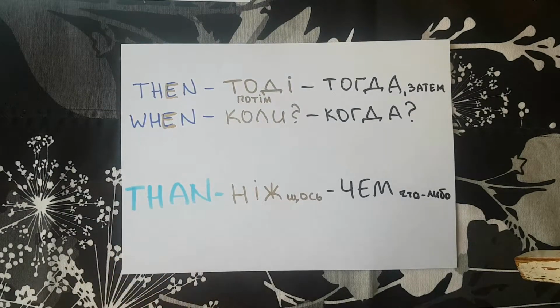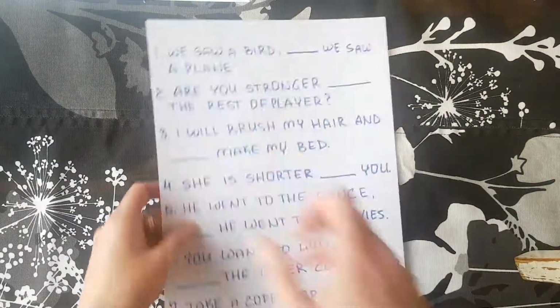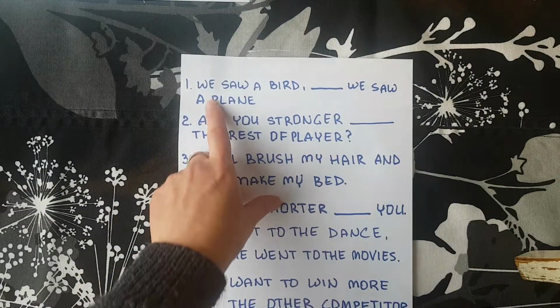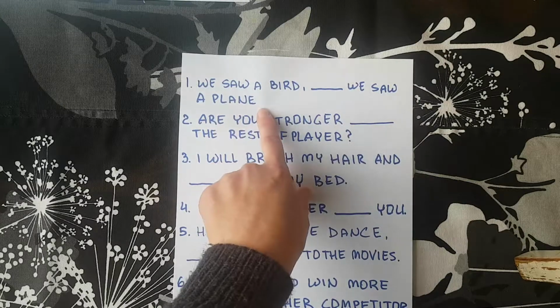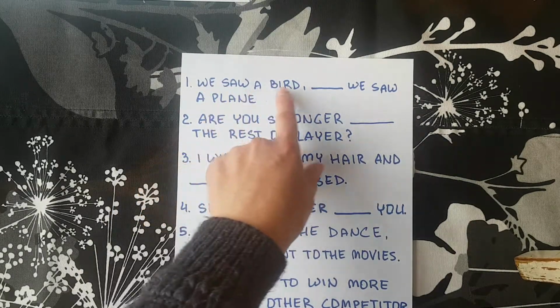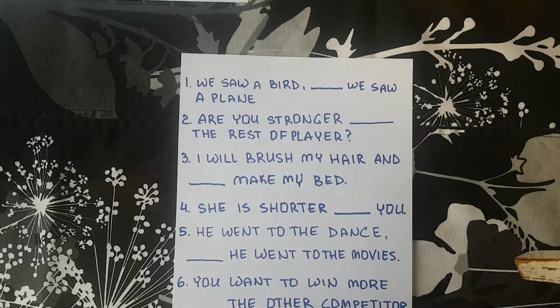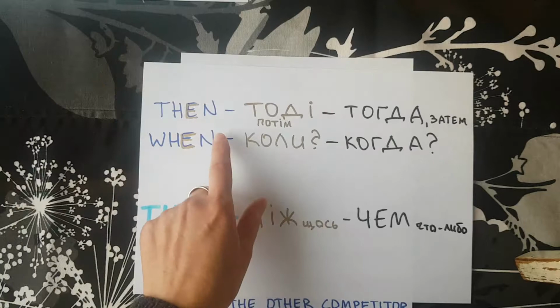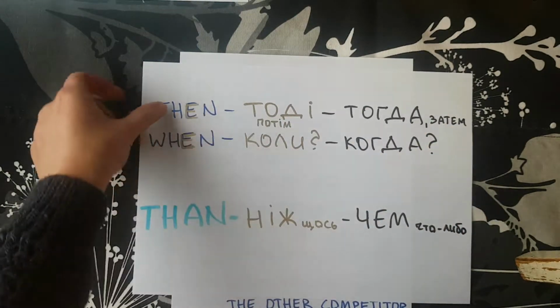Let's look at some of the examples to make this more clear. I'm going to set this over here. We'll come back to that. So here we go. Number one, we saw a bird, then we saw a plane. So there is an action and there's a time. We saw one thing and then we saw something else. And using this logic, we say, later on we saw a bird, a plane.